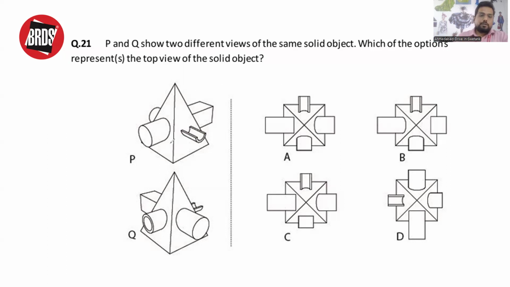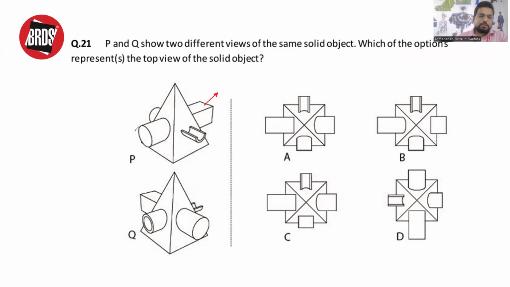Okay, so from the very top view, the pyramid shape is going to be visible like this. So there is no problem related to the pyramid shape. The only thing we have to be concerned about are all four pieces which have been connected onto the other sides of the pyramid. First of all, let's talk about this cuboid.